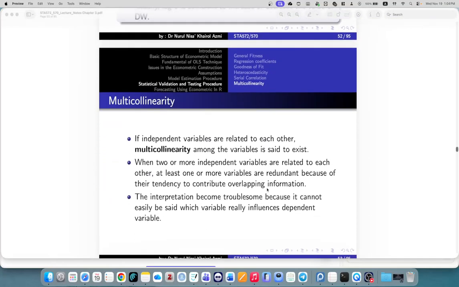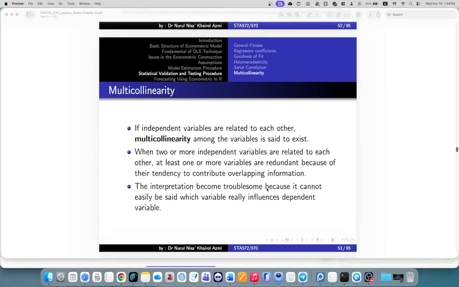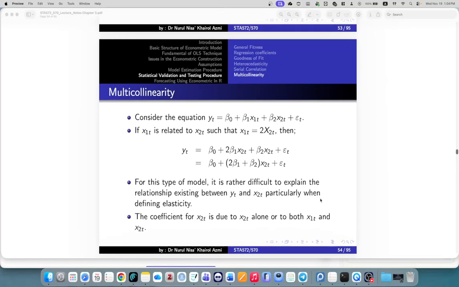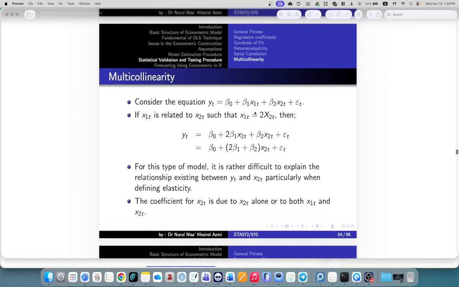And lastly, multicollinearity. Multicollinearity is when two or more independent variables are related to each other, so there will be a tendency to contribute overlapping information. How can you show this multicollinearity problem? You can use this example.